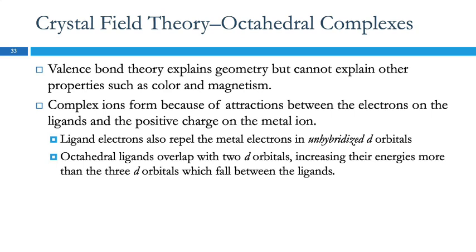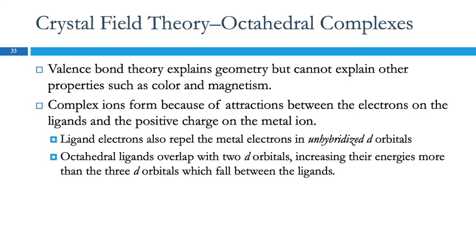So the complex ions form because the electrons on the ligands are attracted to the positive charge of the metal ion. But the ligand electrons also repel the metal's d electrons that are in the unhybridized orbitals.